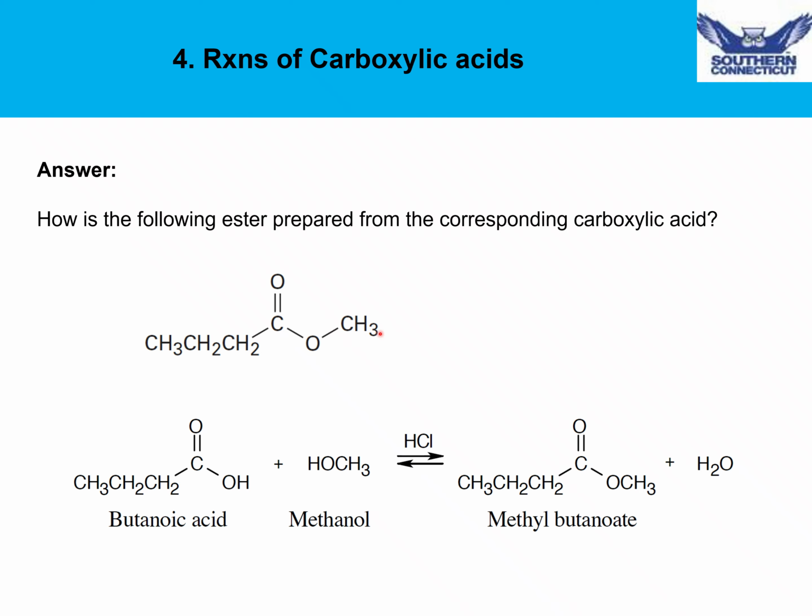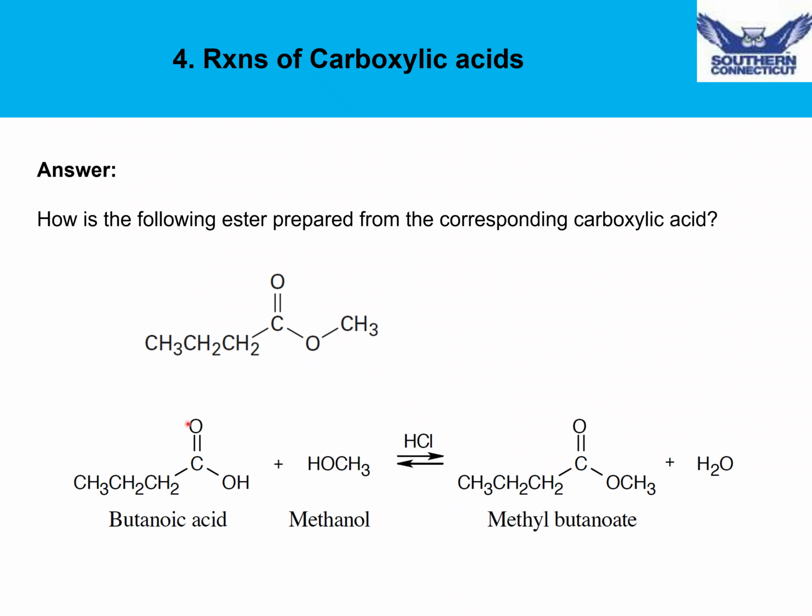One of them was the Fischer esterification. The other one was with DCC. And the first one we looked at was taking a carboxylic acid, adding base and an alkyl group through an alkylation reaction. We can pretty much use any of the 3 reactions in this example, since the question is not very specific.